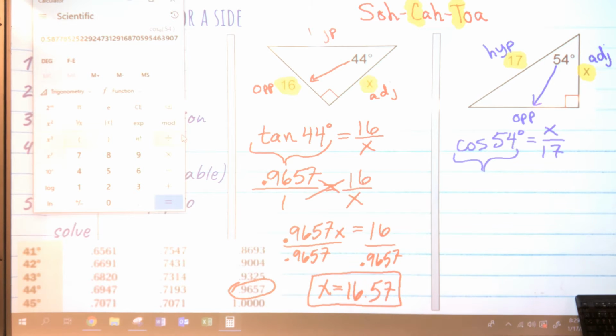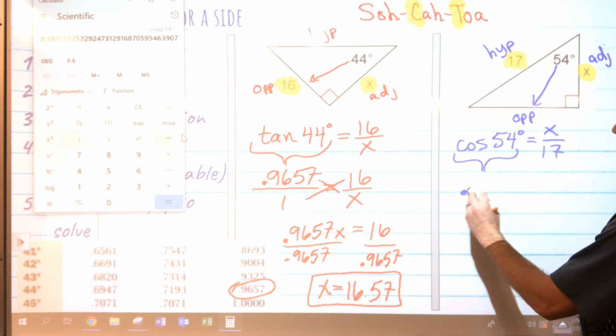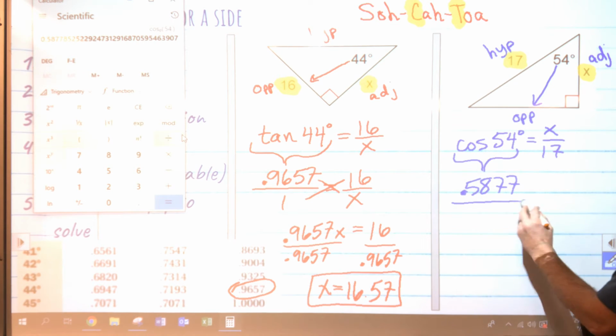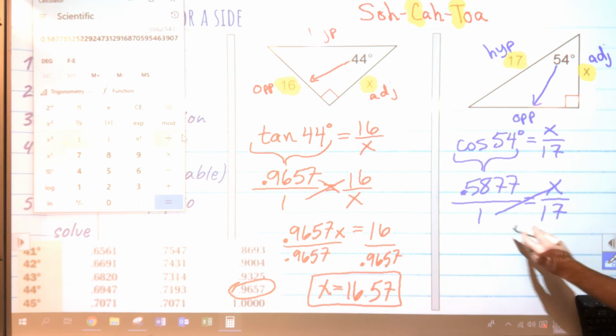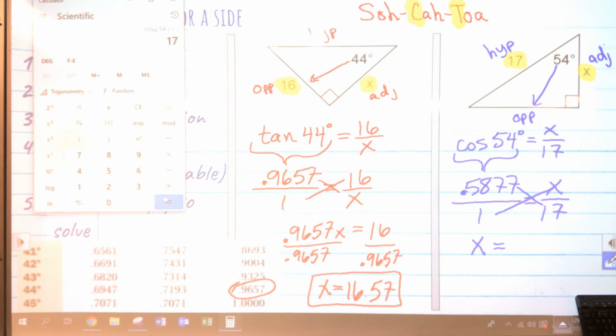And it gives you our ratio of 0.5877. And put that over 1 equals x over 17. We cross multiply. 1 times x is x. And 0.5877 times 17. If you have it on your calculator, you just hit times 17, and that gives us 9.99. We're going to round that up to 10.